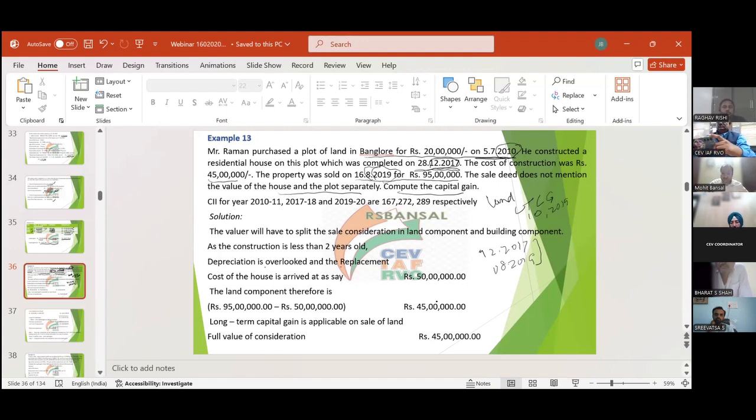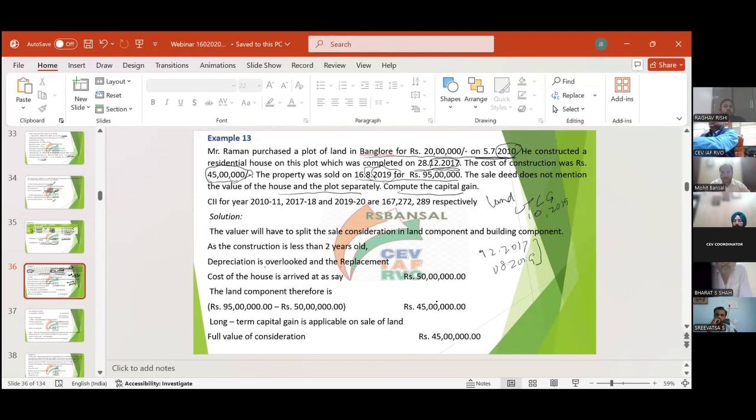And of course, you are given only the total value and now you need to calculate the value of the building and the plot separately so that you are able to calculate the capital gain tax separately. That is the important thing.